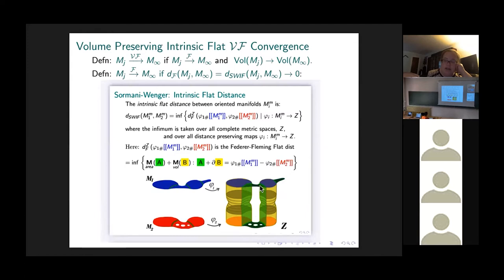So as long as there's only a thin extra piece sticking out and there isn't too much volume between them, this distance can be quite small.